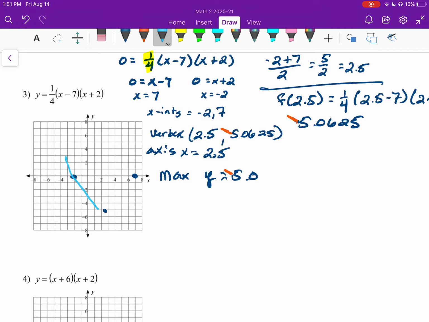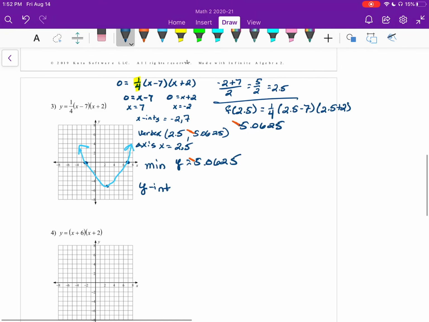Alrighty, I think I fixed it. I have a min, not a max anymore. I have a min at negative 5.0625. Alright, now for my y-intercept, I'm going to have to plug in 0 into my equation.